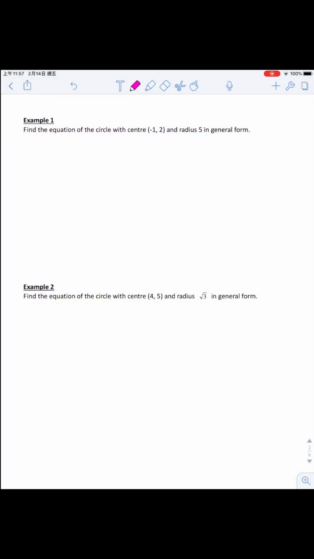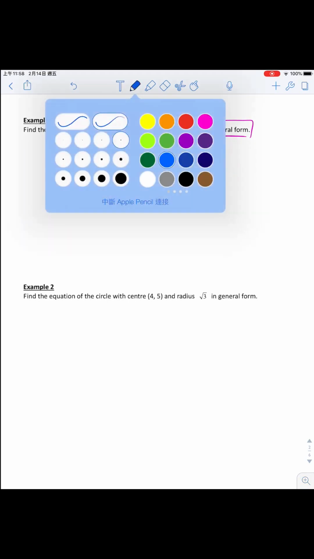Now let's try two simple examples. The first one, you have to find the equations of circle with center -1, 2, and the radius is 5. And you have to find it in general form. So here, by using what we have learned in the last sections, we can first express the equations in standard form.